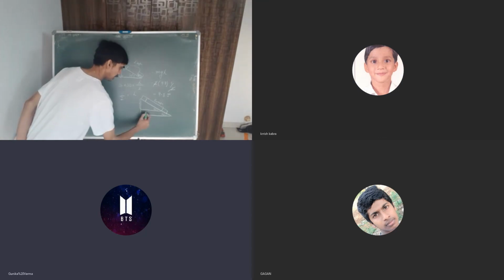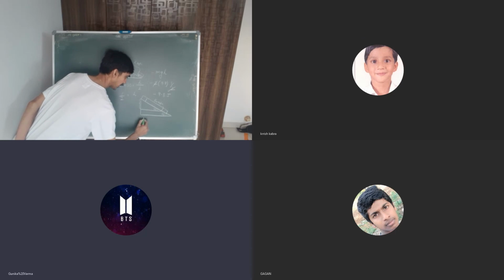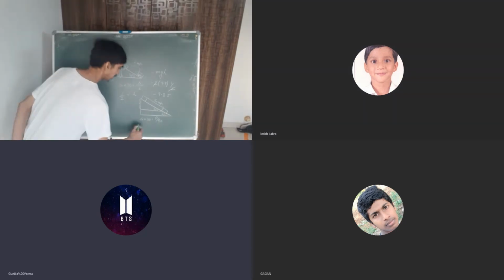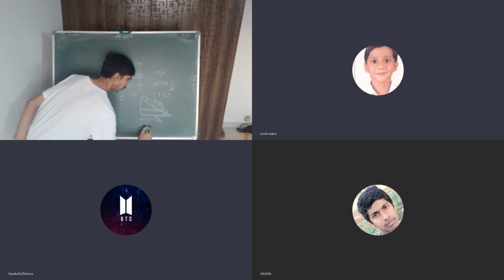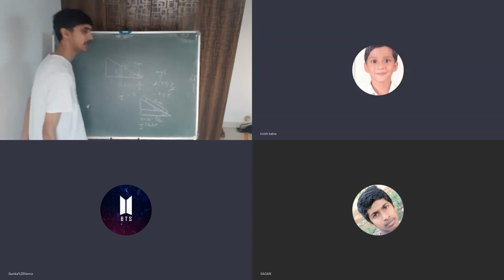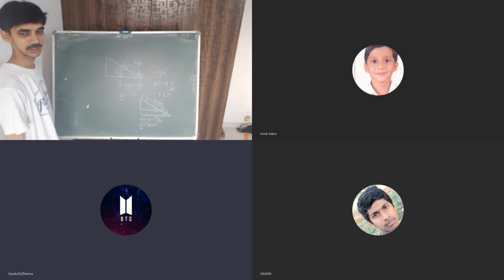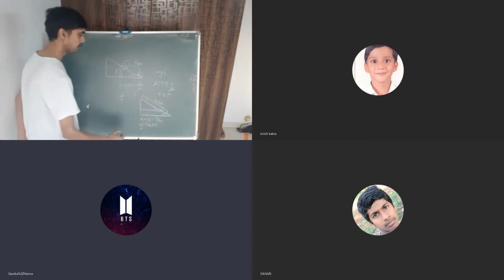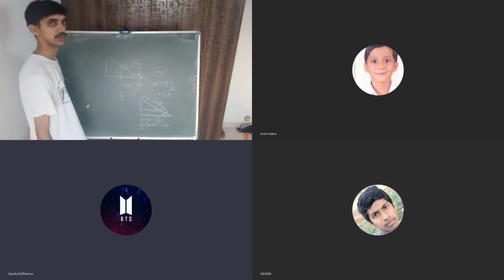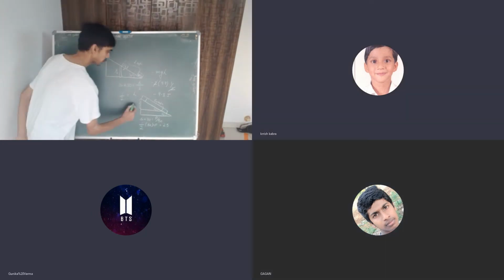Now tell me, I want to calculate this one, and this is known to me. So again I use sine 30. Sine 30 is equal to perpendicular by 50. Sine 30 is half into 50 perpendicular. So perpendicular is how much over here? 25, correct? So this becomes 25.